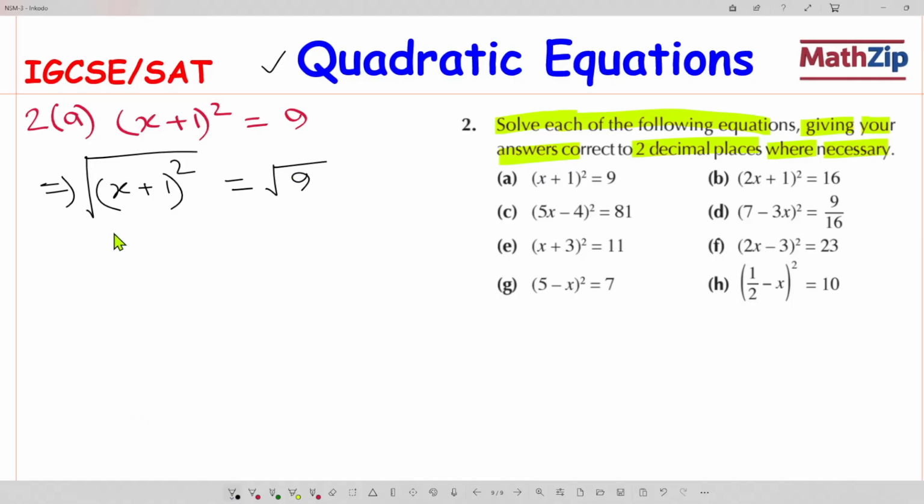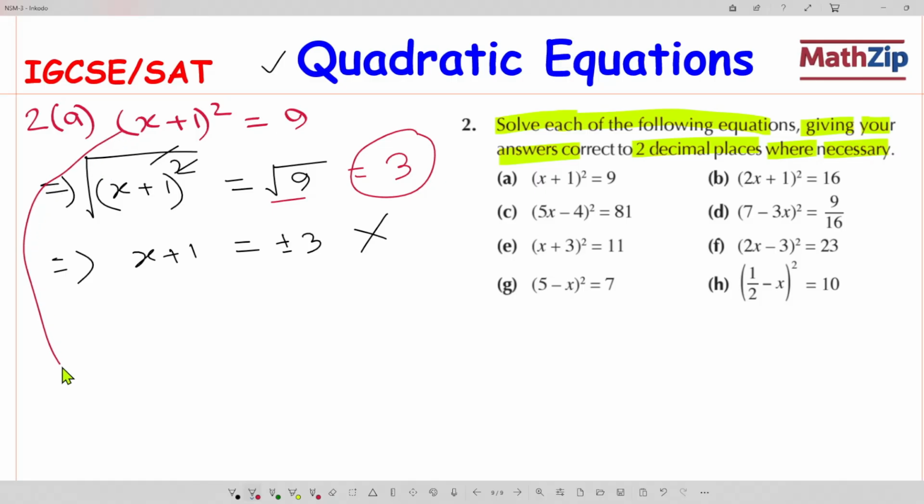But once the square root is done, we write x plus 1 equals plus minus 3, but that's a wrong thing. Root 9 is always 3. Please note that.